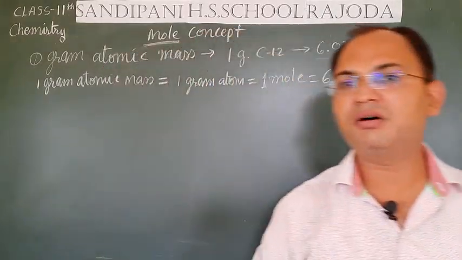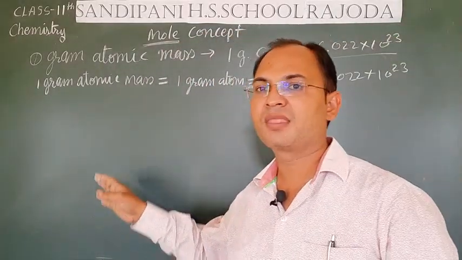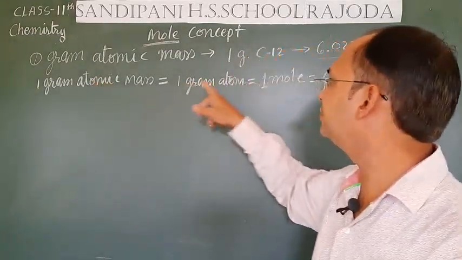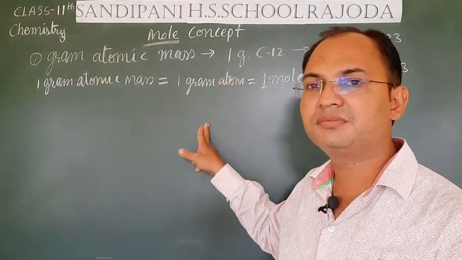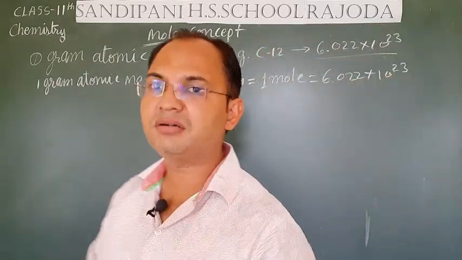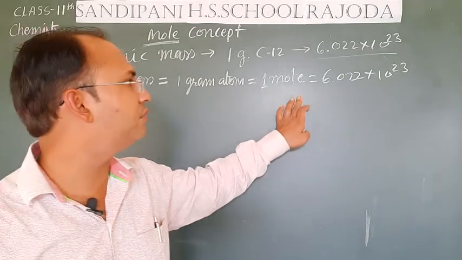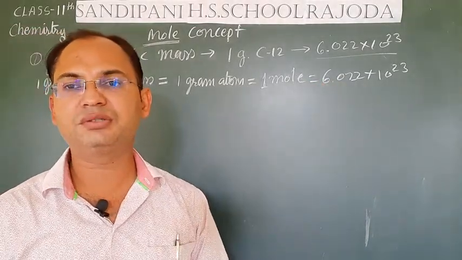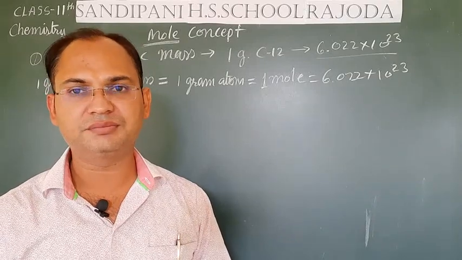So students, all these things are equal. Either we say 1 gram atomic mass, then 1 gram atomic mass is equal to 1 gram atom, and 1 gram atom contains the number of particles that is called 1 mole, and the number of particles in 1 mole is equal to 6.022 into 10 to the power 23.